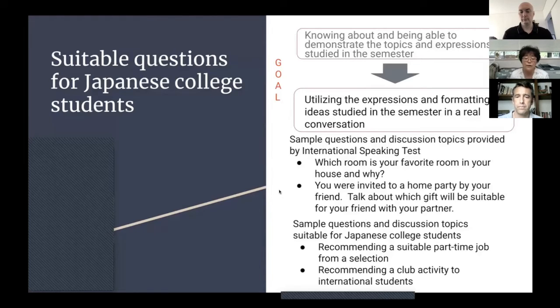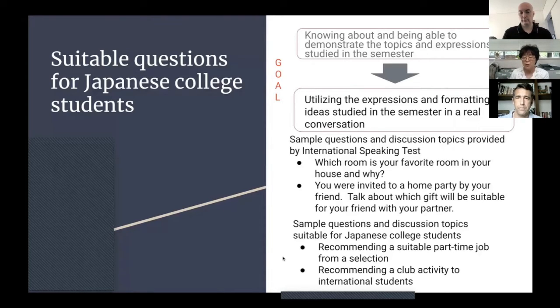So instead of these questions they cannot relate to, we would like to suggest the following sample questions suitable for Japanese college students: recommending a suitable part-time job from a selection. They see different kinds of part-time jobs. Which one is suitable for this person, like Kimura-san?